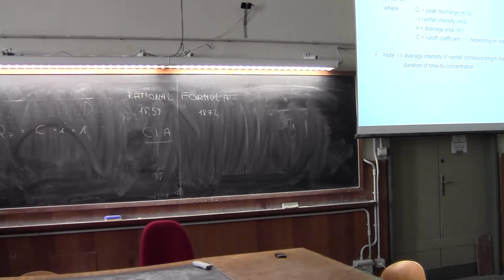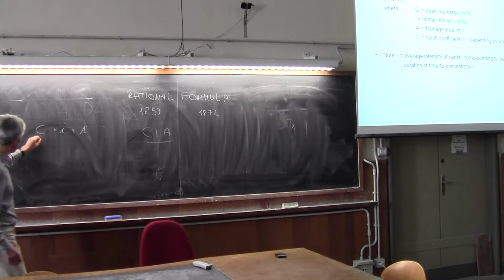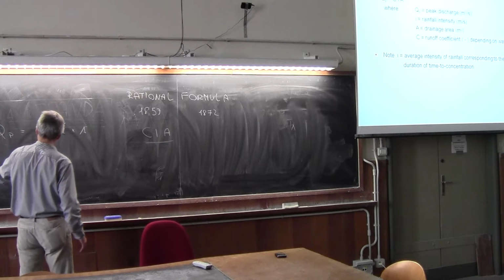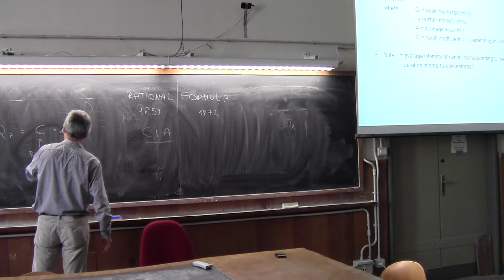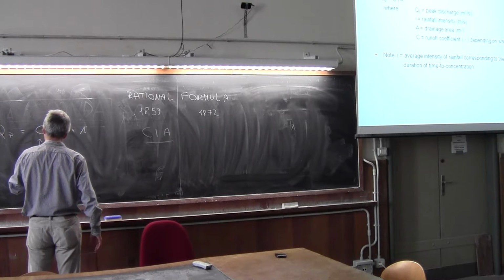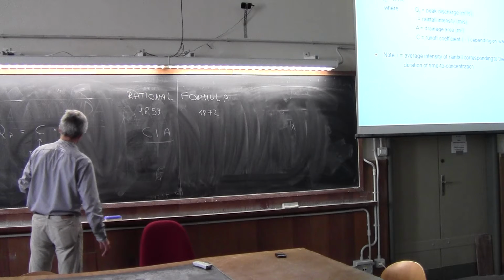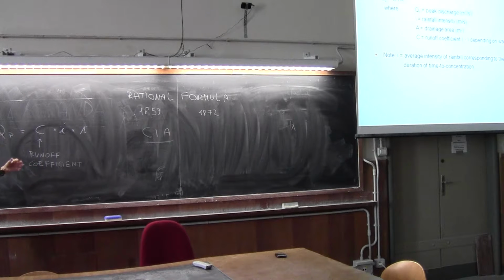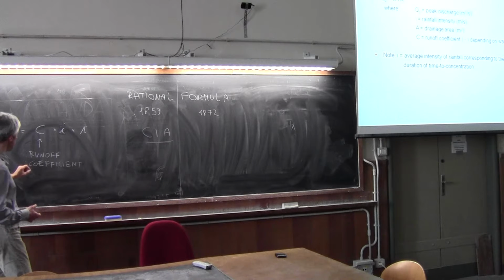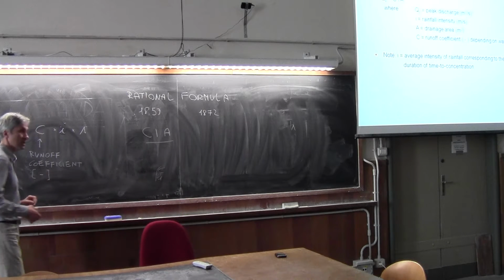So let's focus on the multipliers. C is called runoff coefficient, and basically it takes into account water losses. I will provide more details later when I have introduced all the other multipliers. i is rainfall intensity. C is adimensional.